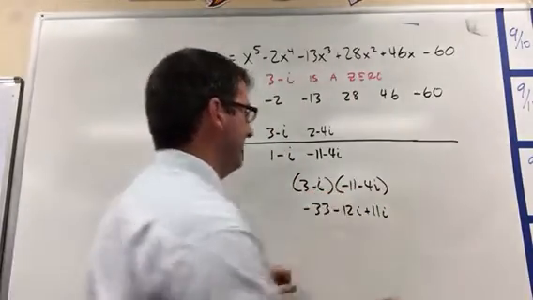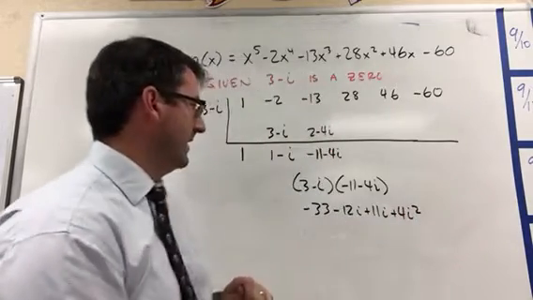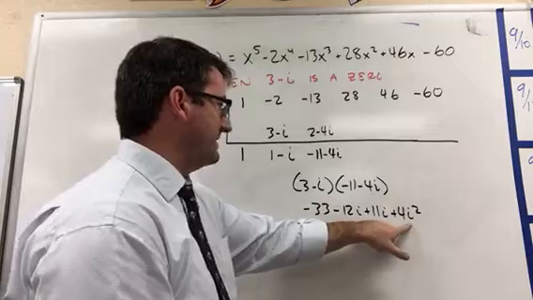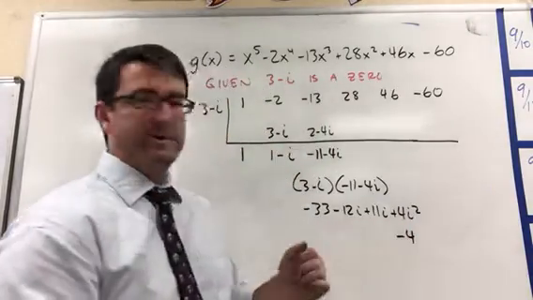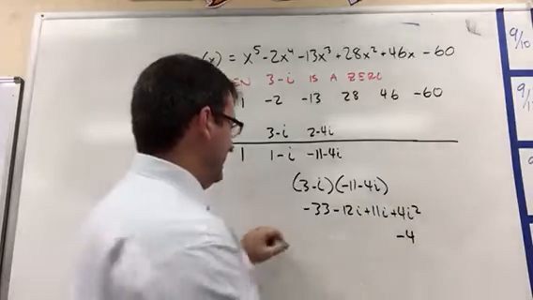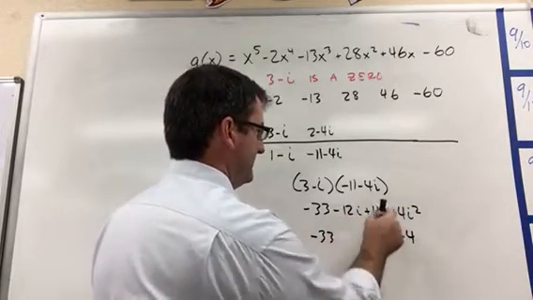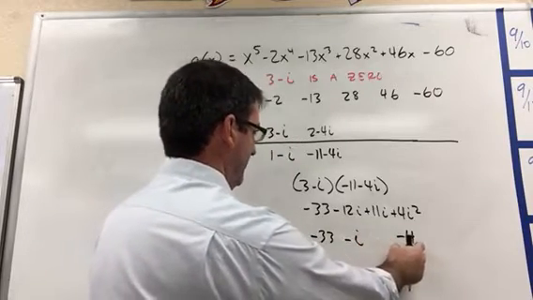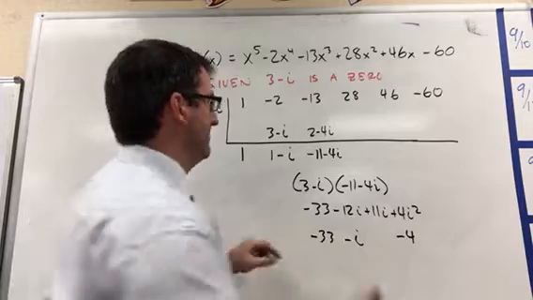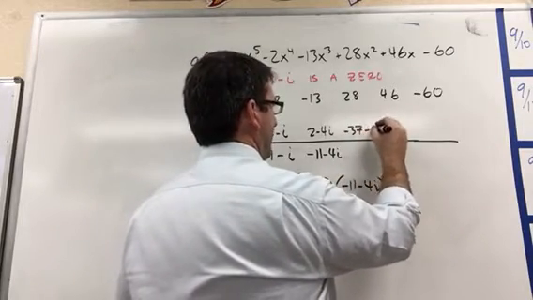Negative i times negative 4i is positive 4i squared. All right, so positive 4i squared is negative 4, because remember, i squared is negative 1. Minus 33, these two in the middle, negative 12i plus 11i is going to give us negative i. Negative 33 minus 4 is going to give us negative 37 minus i.